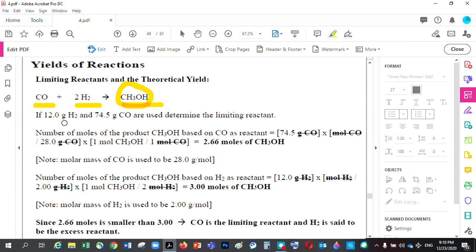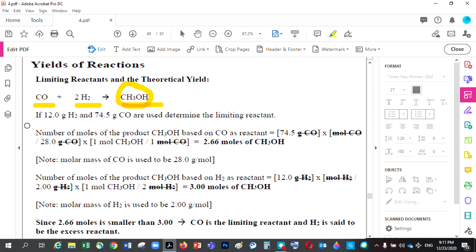That gives me the limiting reactant, on which I base my final theoretical yield calculation.